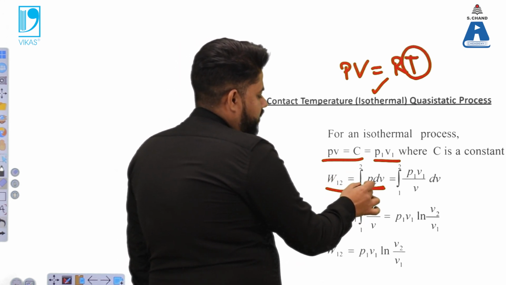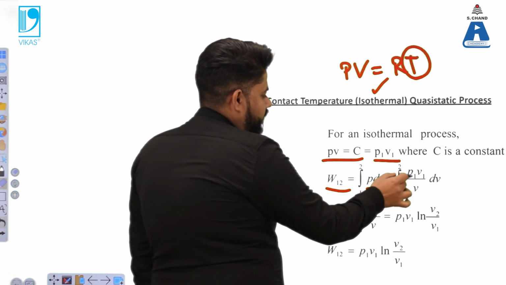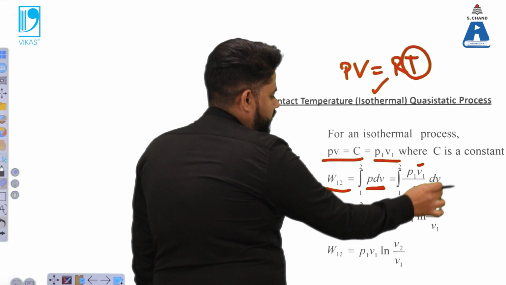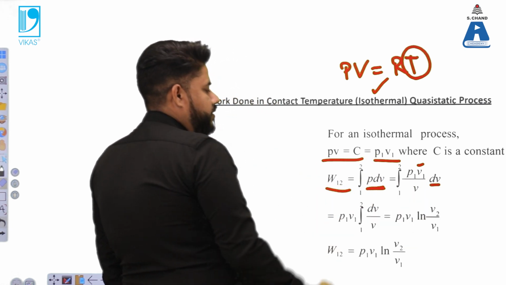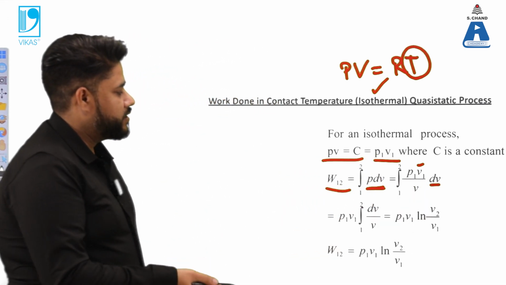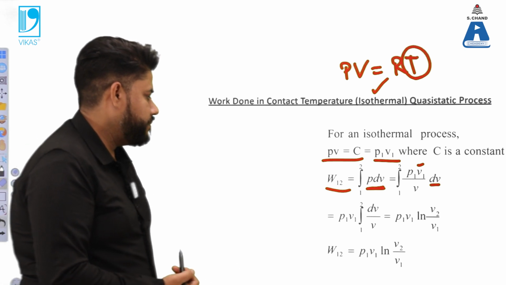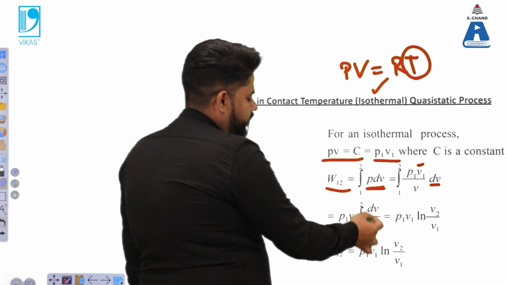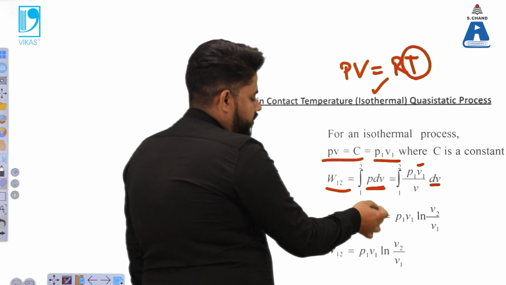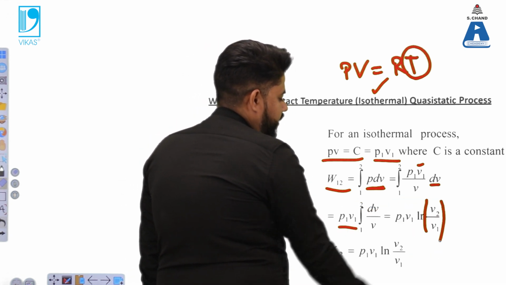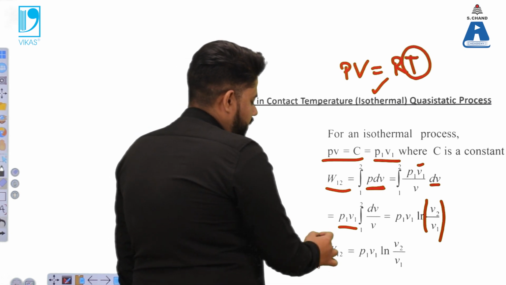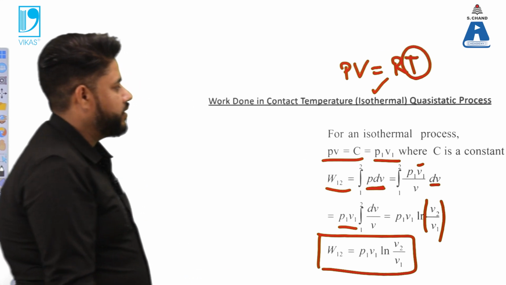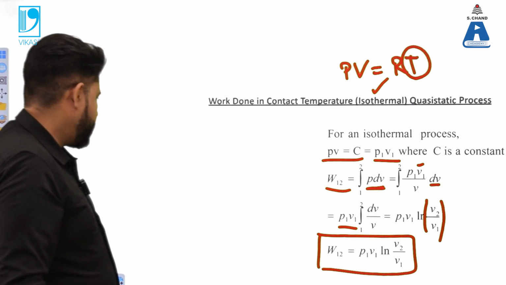In place of P, we will have P1V1 over V into dV, because we can substitute as per the relationship. Then this P1V1 term comes outside and dV by V integrates to log V. We'll put in the boundary conditions, and we get V2 to V1. So this is the expression for the case in which the temperature remains constant, which is an isothermal process.